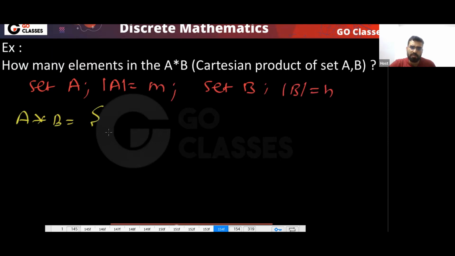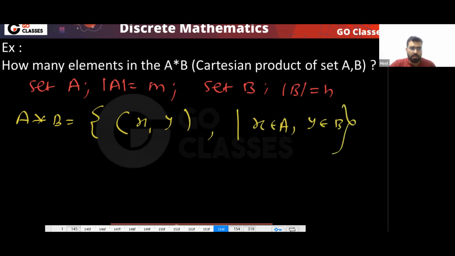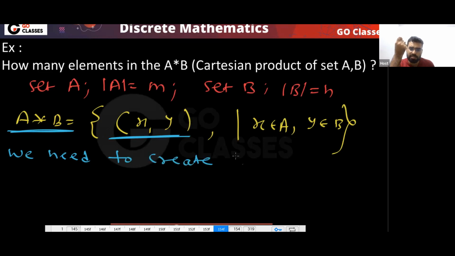In A cross B, we have ordered pairs where the first element comes from A and the second element comes from B. So the question is asking how many ordered pairs we can create. This is our task: we need to create ordered pairs. How many ordered pairs can we create?